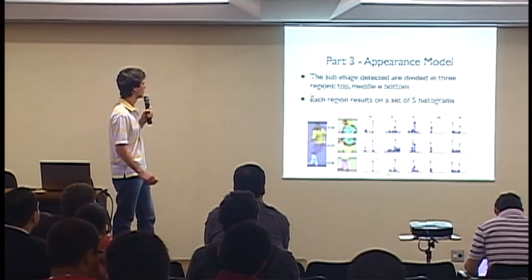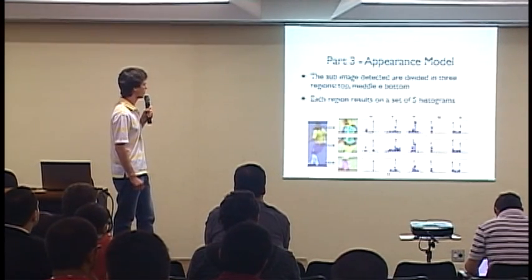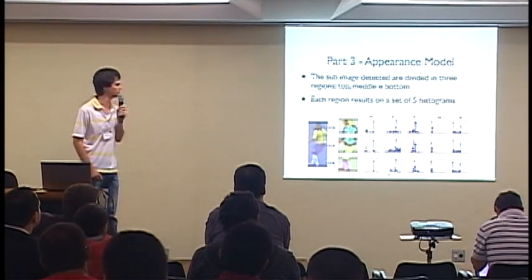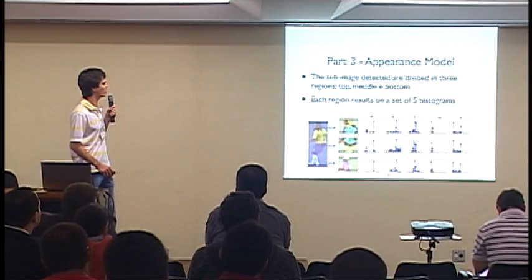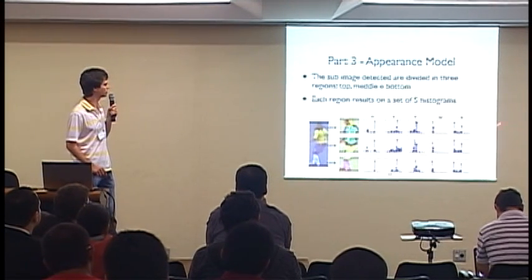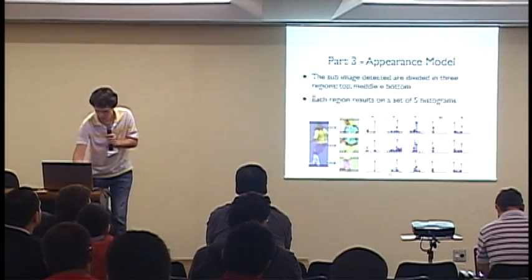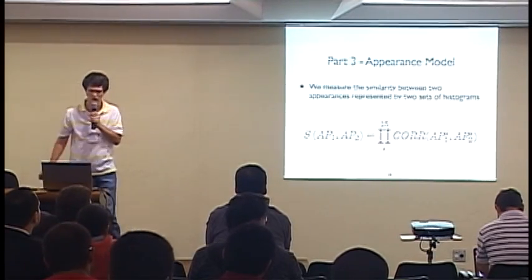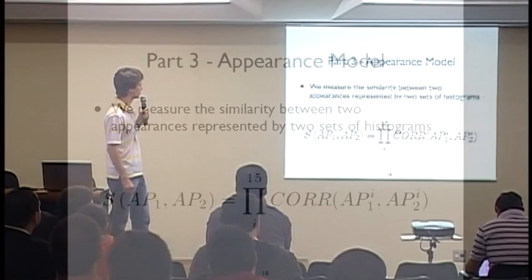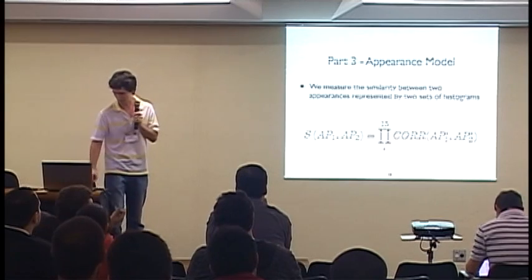Then each one generates a set of histograms: H, S, and V for this color space, one for gradient, and another for angles of gradients. We measure the similarity between 2 appearances using the product of correlations of corresponding histograms in the 2 appearances.